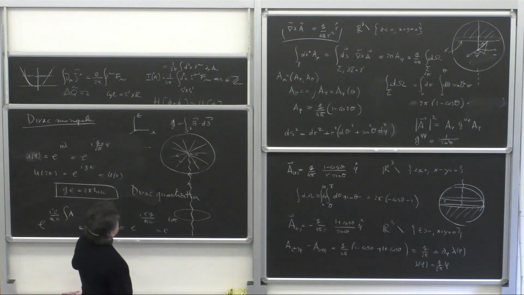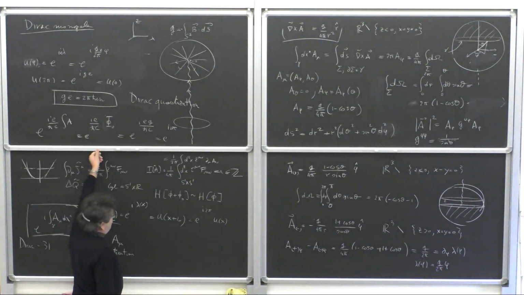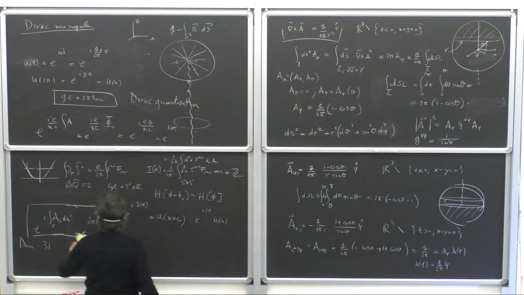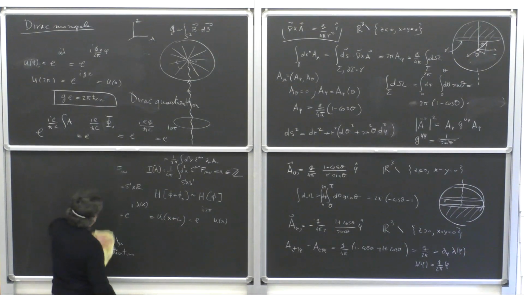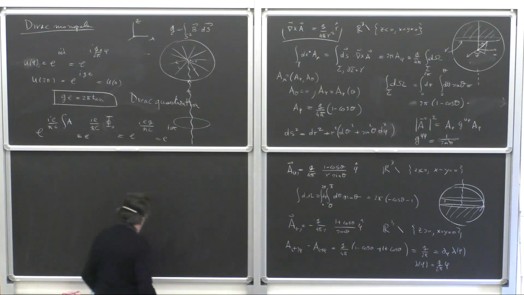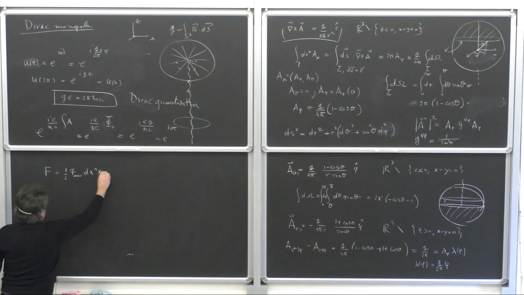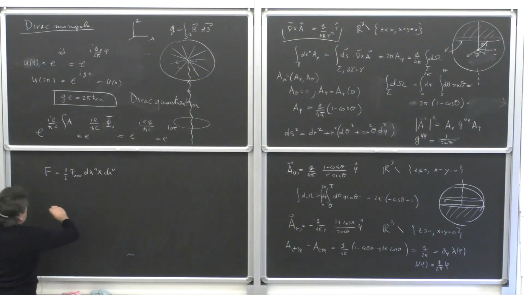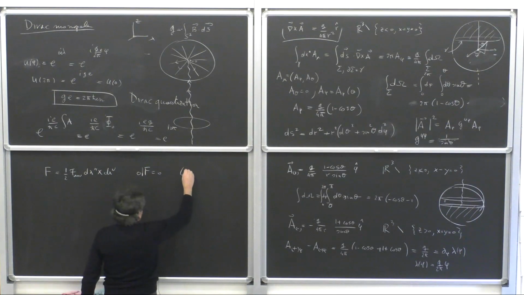In more mathematical words, we see, as I anticipated yesterday, that F, which is a two-form, is closed. This is the Bianchi identity.